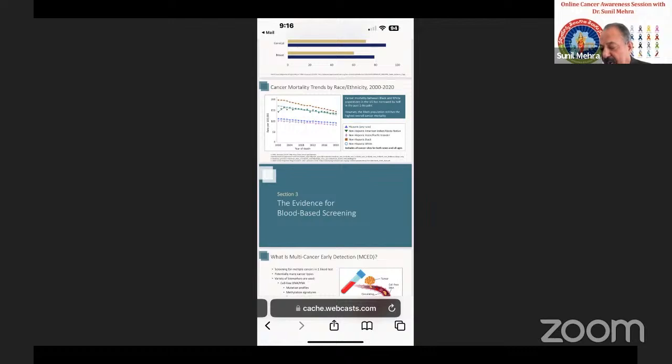The best one so far has been Galleri, and that can screen for 50 cancers. So you have to wait another couple of years for it to be approved by the FDA. It's an expensive test, but people who are economically well off can go, because no insurance covers this.